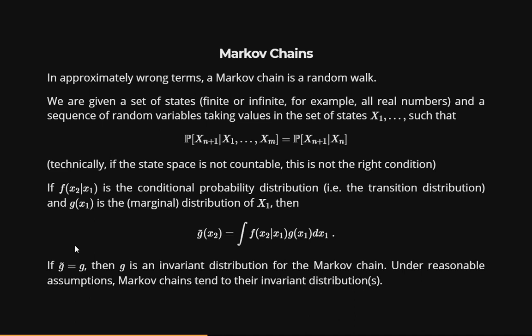However, it would not fit in this discussion, so sorry, I won't be giving that example. Anyway, the idea is that you have a way to transition from one step to the next in the Markov chain, and an invariant distribution is, in a way, what reasonable Markov chains tend to after a number of steps, which is a distribution left invariant by the Markov process.